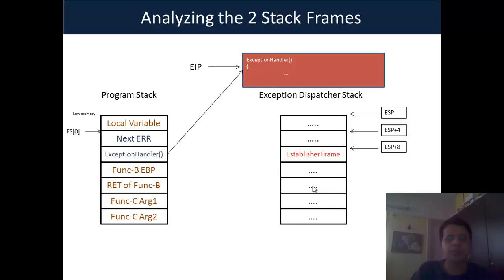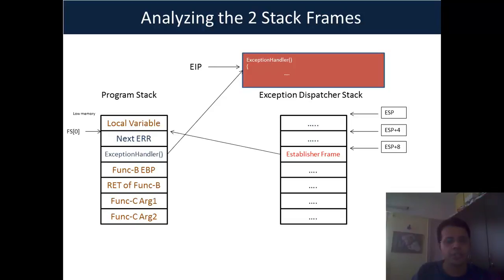And what we see is that the establisher frame is on the stack. Now, here is the most important part. It is at a fixed offset at ESP plus 8, which means there are just two 4-byte values on the top of the stack, after which we have the establisher frame.